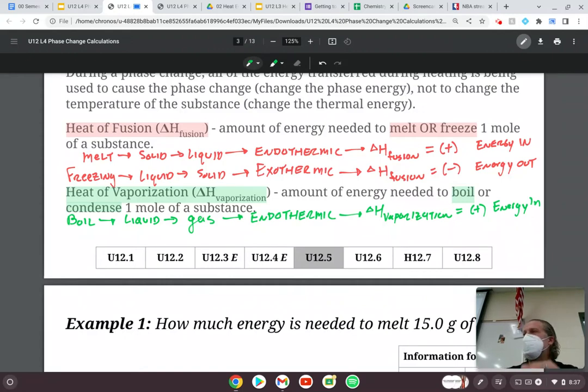And technically speaking, the opposite of boiling something would be to let it condense. That's when you go from a gas to a liquid. That is going to be an exothermic system.